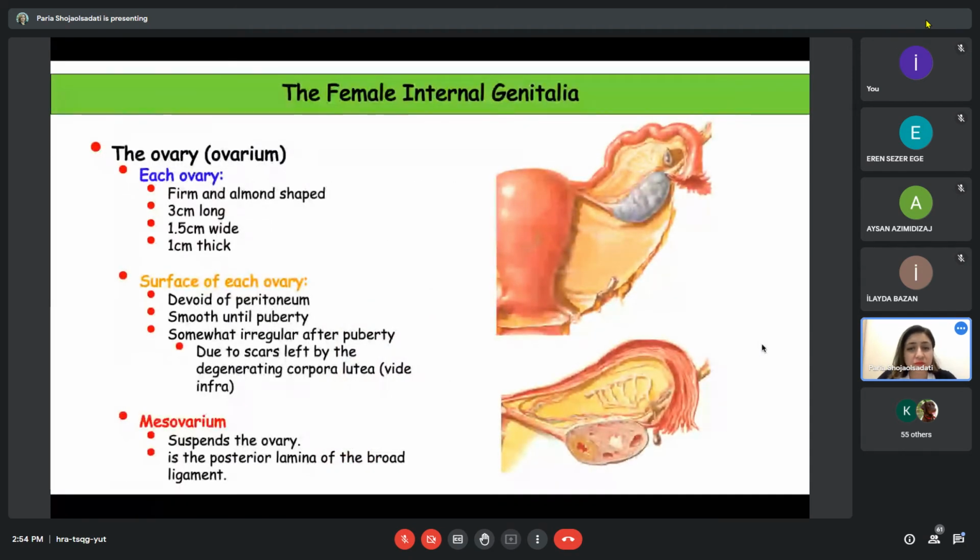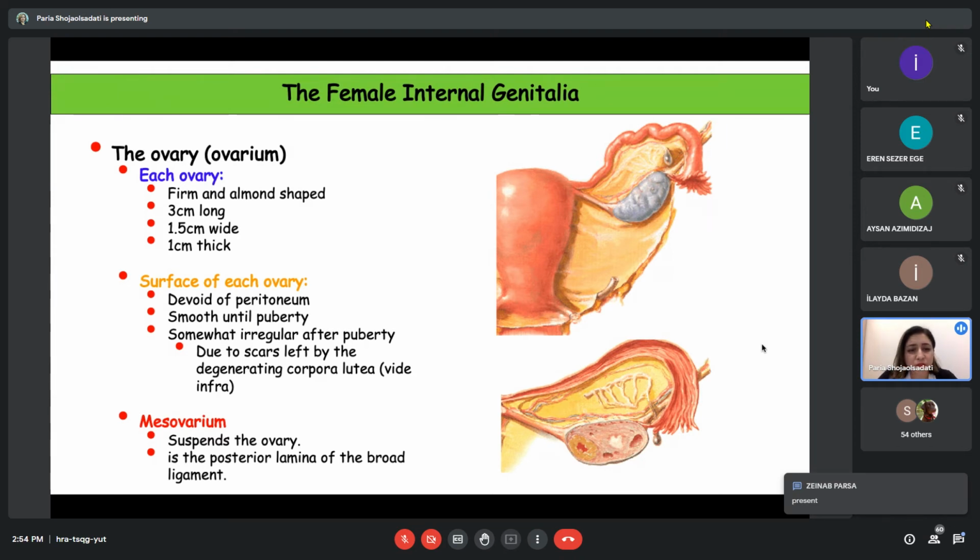The ovary is a little organ, firm and almond shaped, 3 centimeters long, 1.5 centimeters wide, and 1 centimeter thick in normal condition. But in the case of a cyst, or for example ectopic pregnancy, or in different patients, it becomes bigger than normal.